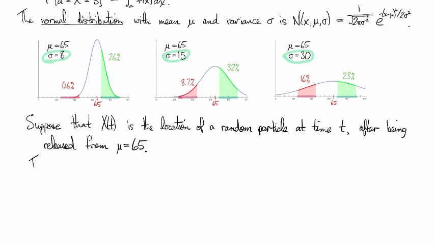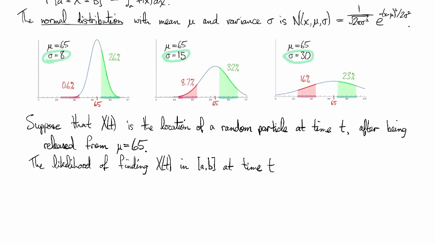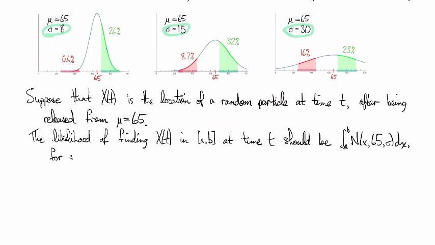So we say that the likelihood of finding our little random particle in some interval at time t should be the integral from a to b of this normal distribution with mean 65 and sigma, with respect to x, for some variance which we think of as increasing with time, because you can get spread further and further apart.